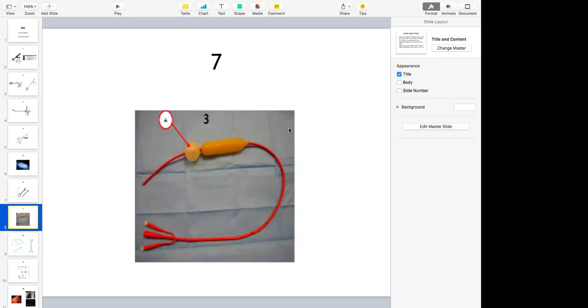It has two balloons, one for the esophagus and one for the stomach, located proximally on the tube, not at the tip. What are the balloons meant for? Proximally for the esophagus and distally for the stomach, to occlude the variceal bleed.